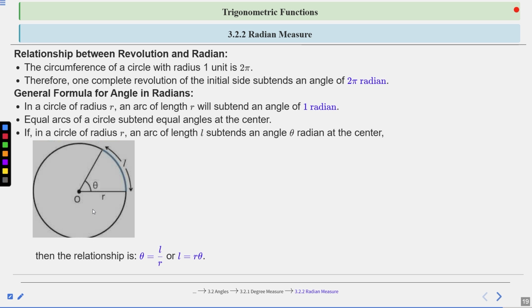Or in other words, you can write arc length is the product of your radius and your angle theta in radian. Clear?